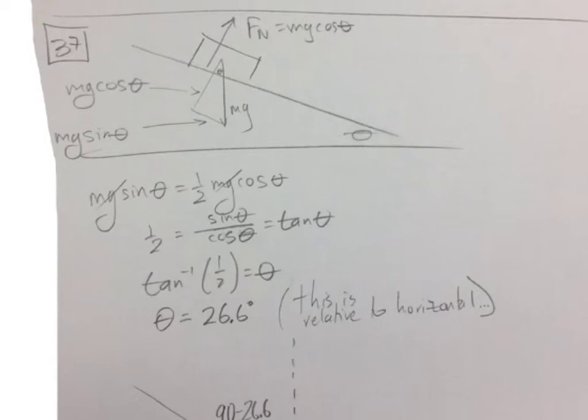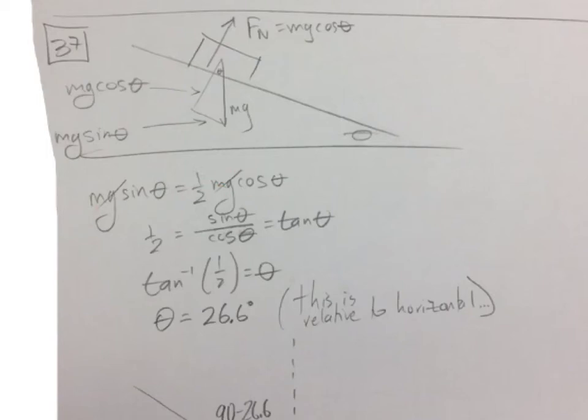37. A suitcase is on an inclined plane. At what angle relative to the vertical will the component of the suitcase's weight parallel to the plane be equal to half the perpendicular component? So, parallel component, perpendicular component, and this question is saying that the parallel equals half the perpendicular.